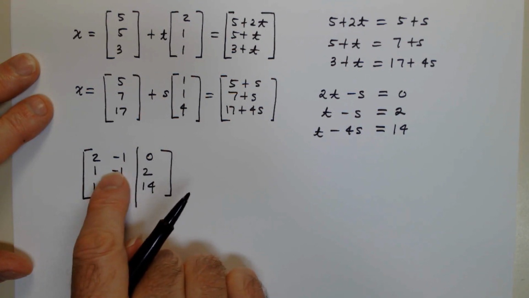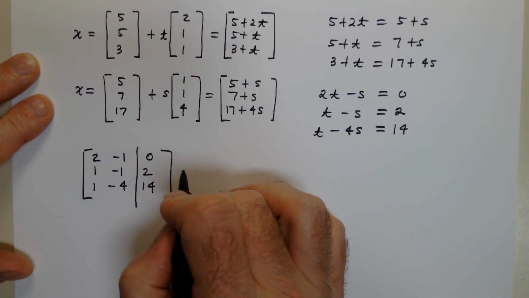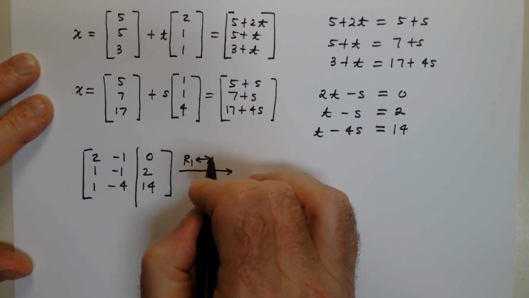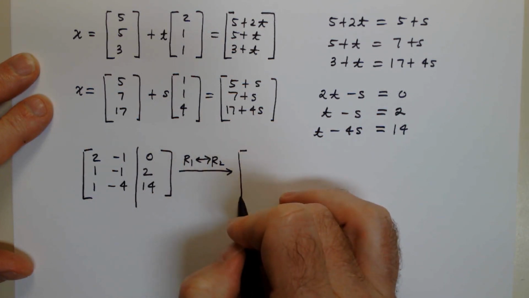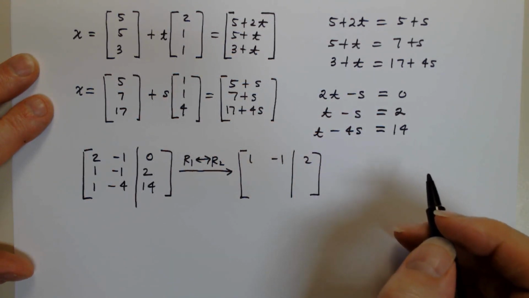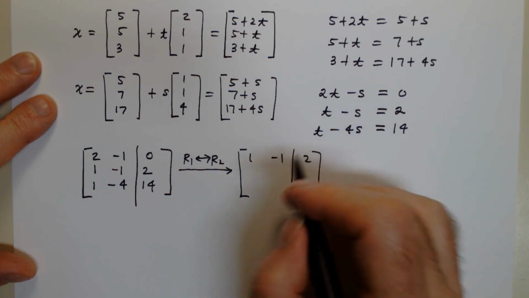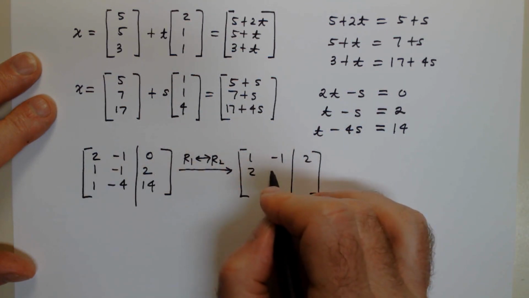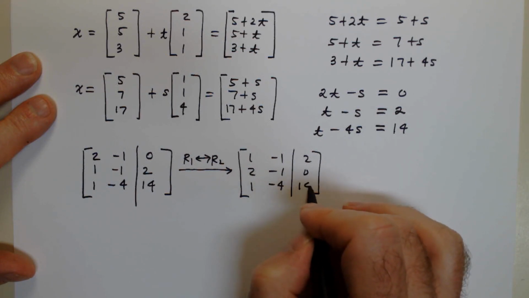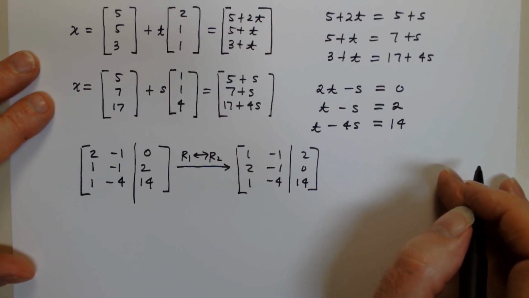I'm going to switch equation 2 with equation 1. You'll see why in just a second. So let's make that the new equation 1. This will become the new equation 2. Now, you don't have to do that, but it does make our lives a little easier.